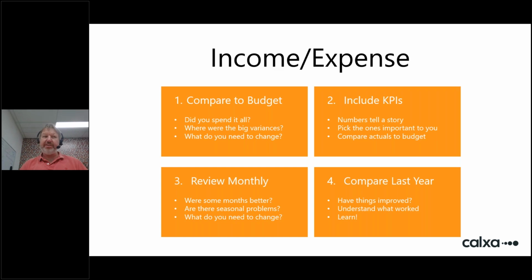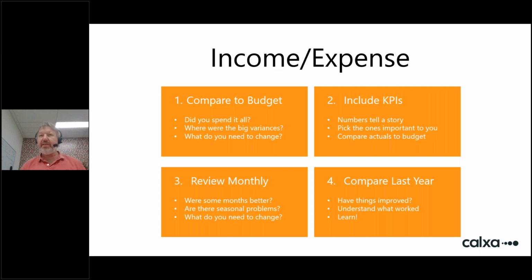What can we do differently next year? Were there months where income was low, but we still had fixed expenses like rent and staff, and cash flow was tight for that period? How can we better manage that next year? So it's important to look at those monthly trends when you're looking back at the last year and see how that's gone.